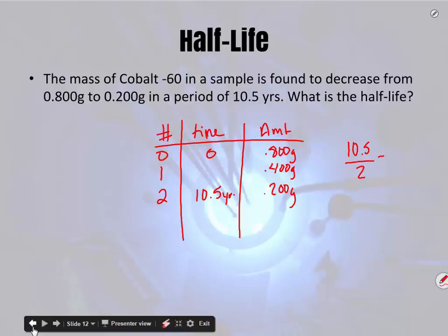I'm on number 2, so 10.5 divided by 2, I get a half-life of 5.25 years. So I know my time goes up by 5.25 years each time. If I was on half-life number 3, then I would divide by 3 to get how much I'm counting by each time.